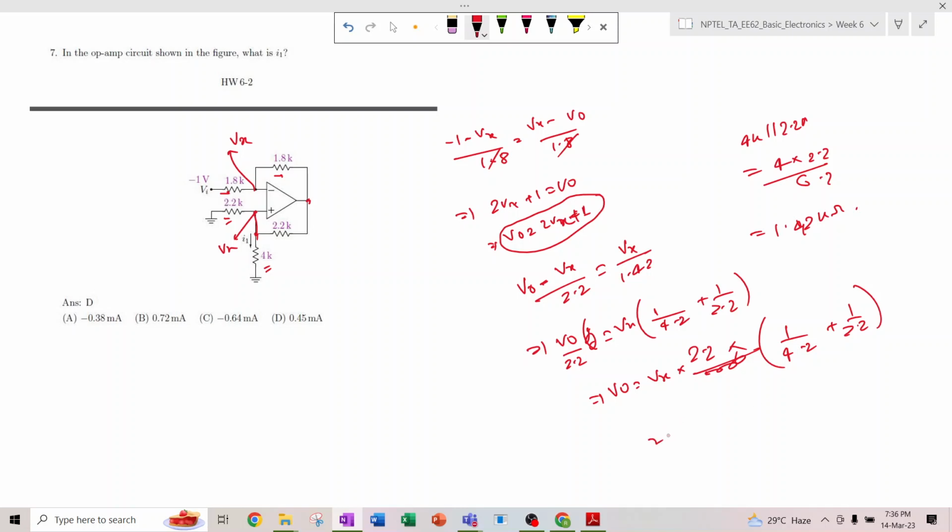So how much is it coming? 1 divided by 4.2 plus 1 divided by 2.2 into 2.2.